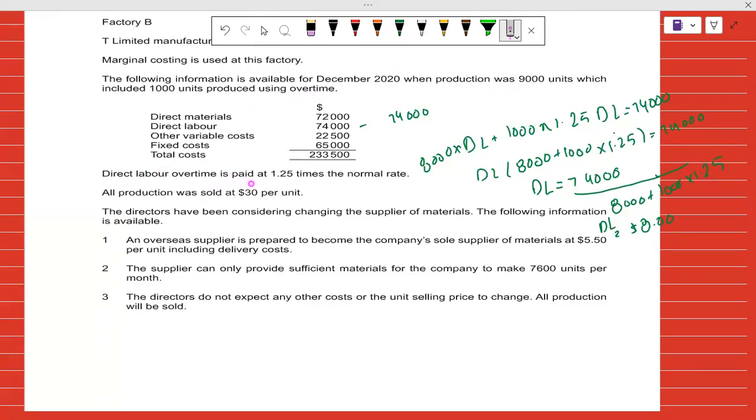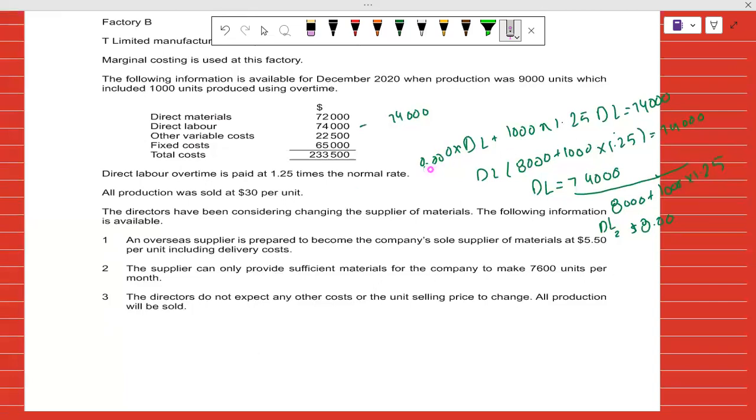And direct labor overtime is paid at 1.25 times the normal rate. So it means that only 8,000 units are produced at the normal rate, but if 1,000 units more than 8,000 are produced, it would cost you 1.25 times the normal rate.